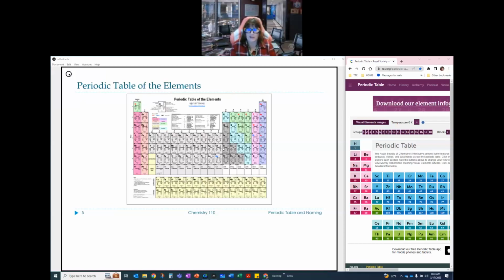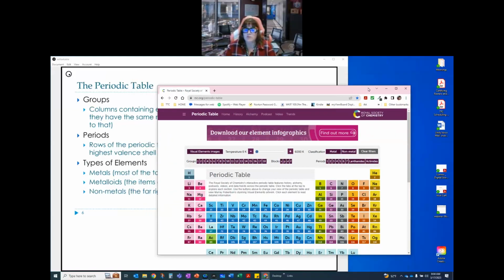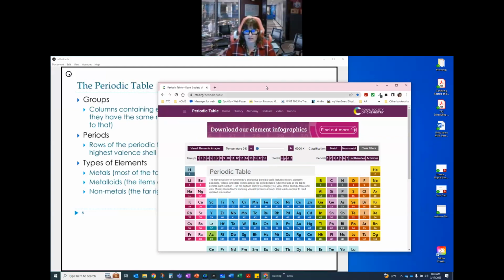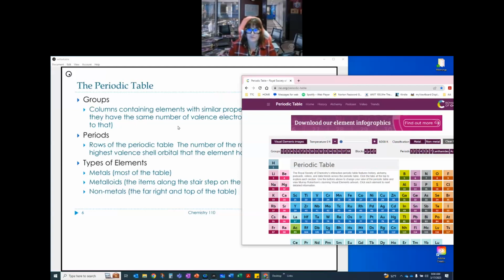Yay. Couple of things that we want to talk about on the table. We'll talk about groups, and our groups are the columns. We'll also talk about periods, and those are the rows that we have on our table. We'll talk about the types of elements. So the metals, which is most of the stuff on this table, the metalloids, which are the things that exist along this stair step, although this one doesn't show the stair step. There is a stair step that exists here, and actually, let me go back.